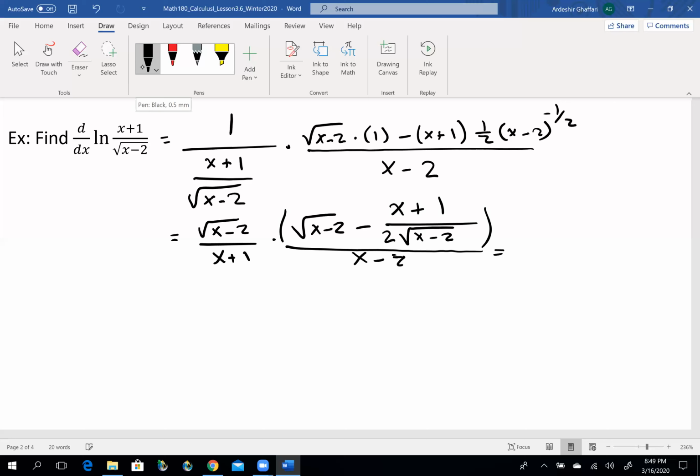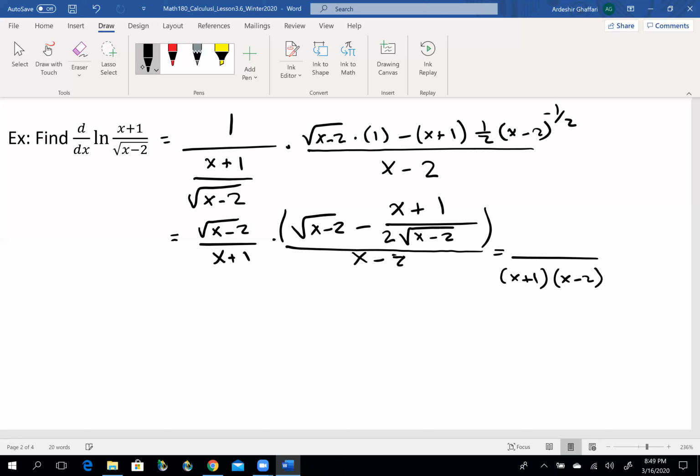So the first one, the denominator again, x plus 1 times x minus 2.